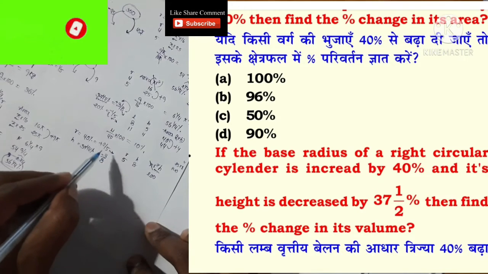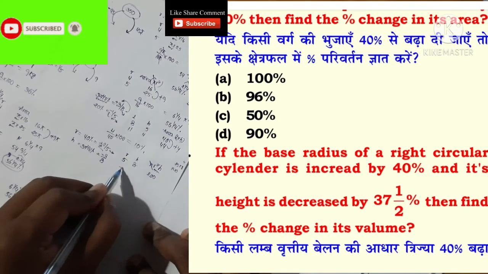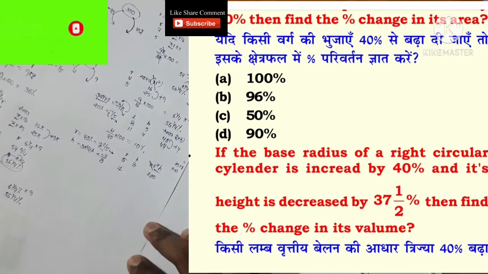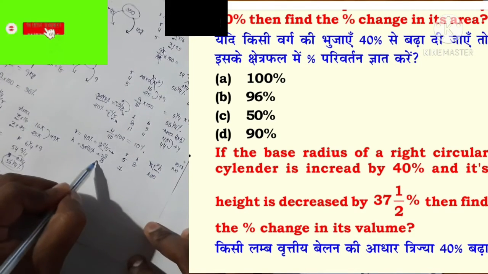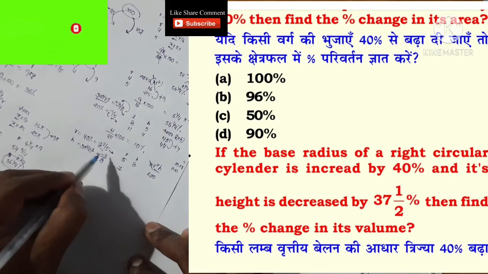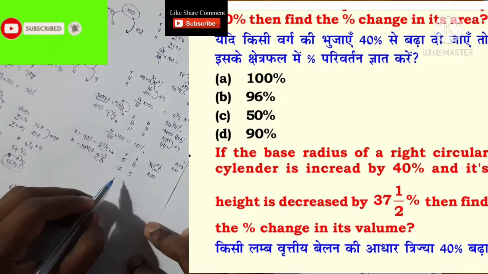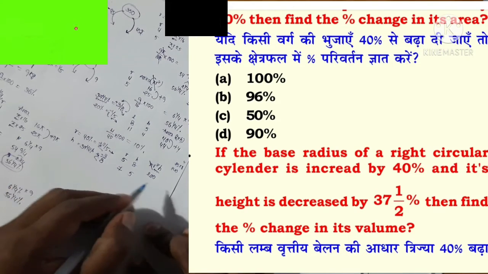So radius is increased by 40%. So 5 plus 2, value is radius is 7. Its height is decreased by 37.5%. So 8 minus 3. So value is 5. So pi r square h.